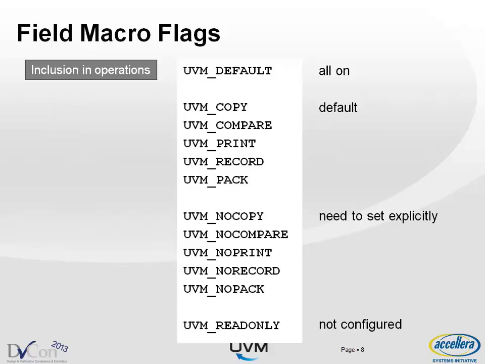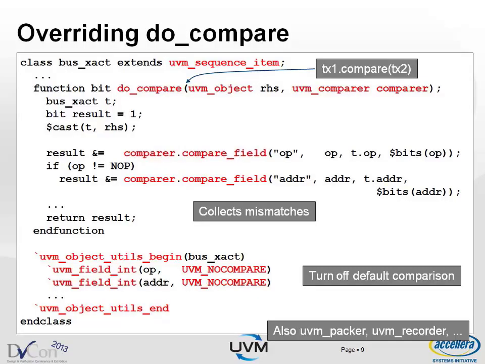But it's also true. If you want to compare two transactions, you call tx1.compare(tx2). If you want to describe the behavior of transaction objects when they're compared, you don't override compare, you override do_compare. do_compare is a user-defined hook within the transaction class, and do_compare has a comparison policy.